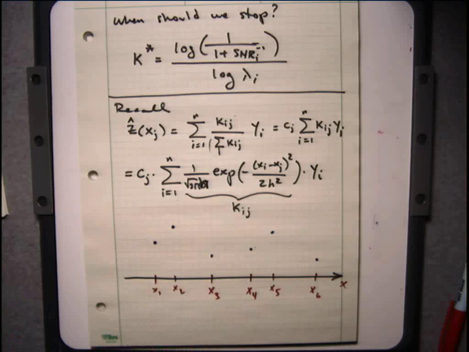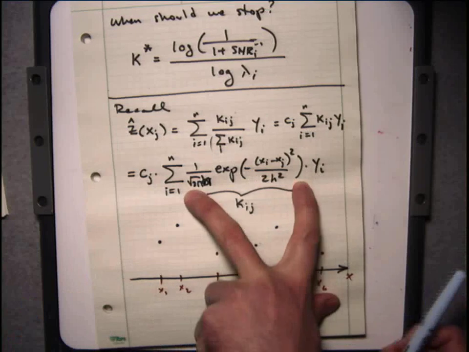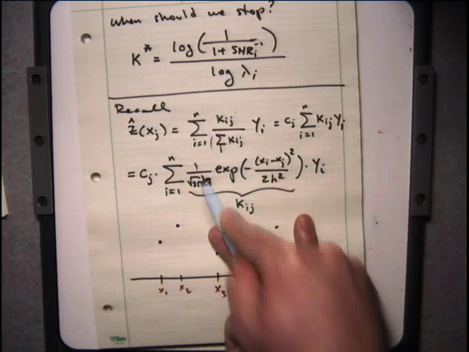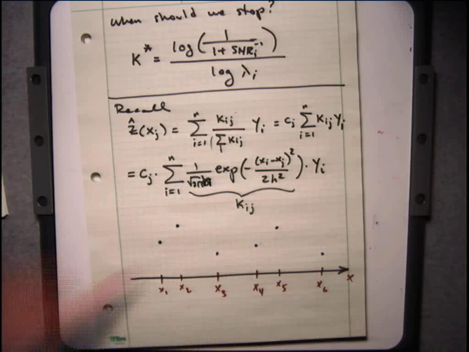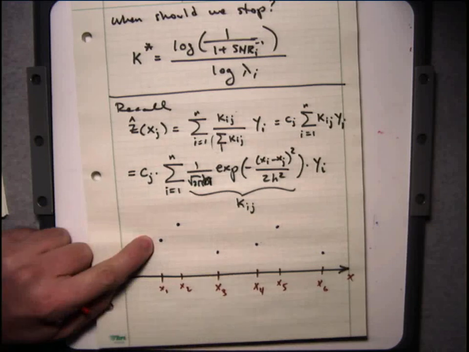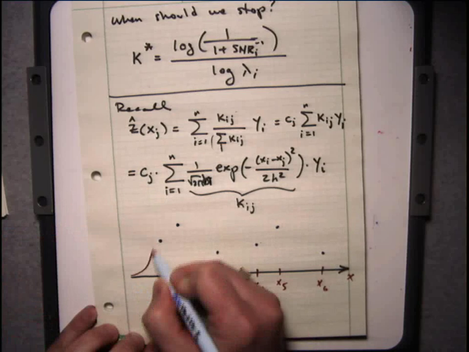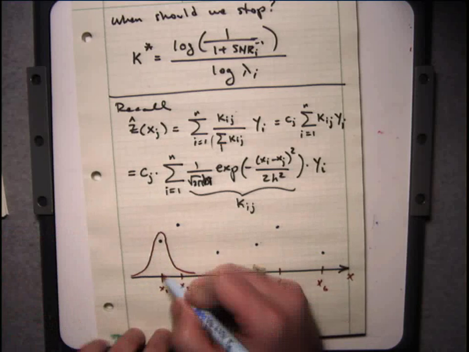Well, if you look at this expression, what it's telling you is that at every data point, put a Gaussian with some width, and then sum everything up. So here's what you do. You go to this data point, and you put a bump like this.